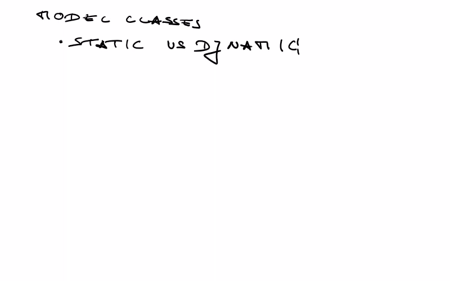The main difference in terms of the formulation is that dynamic models are formulated in terms of differential equations, and static models are formulated in terms of equations. I say it again because I did it the other way around. So static models are formulated in terms of equations and dynamic models in terms of differential equations.